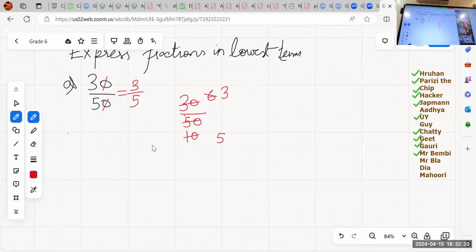So my question to you guys is, what is this 10? If you know the answer, raise your hand. Could you repeat the question?